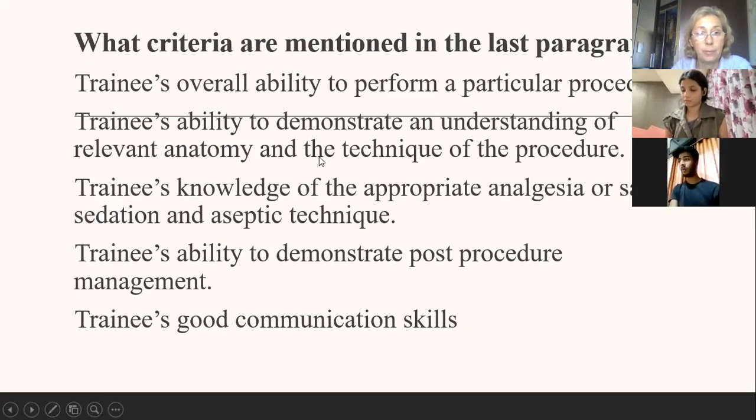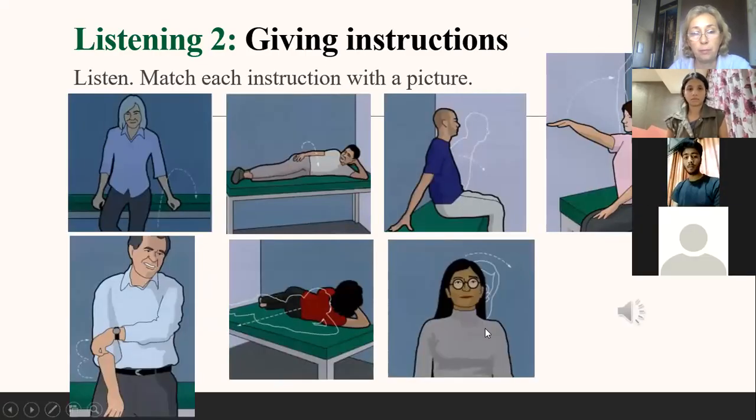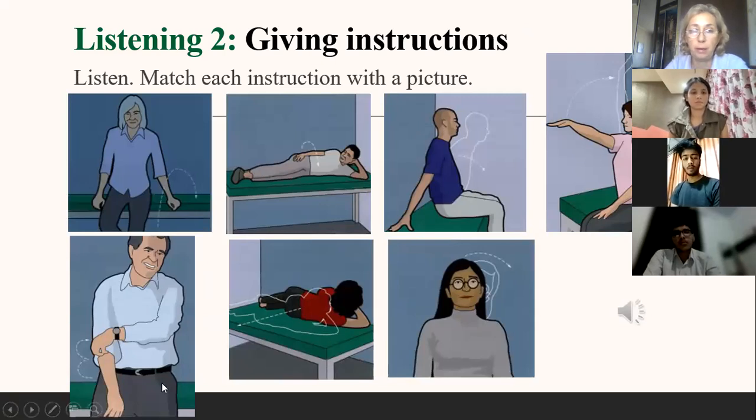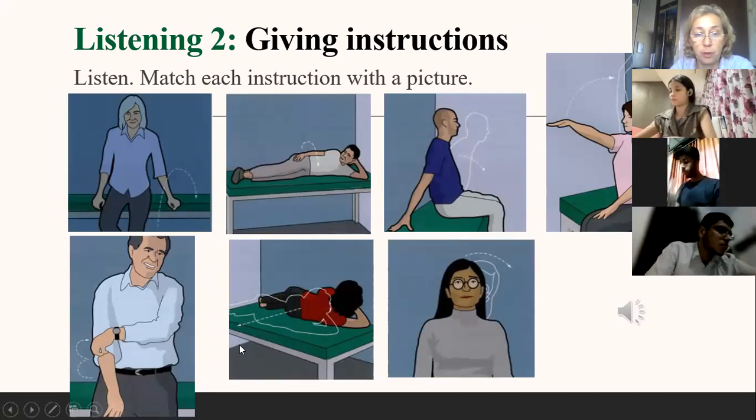Okay, so now we are going to move to the discussion of how doctors can deal with their patients and how we can give instructions to the patients. Here on this slide you can see several pictures, and we're going to listen to extracts from conversations between doctors and patients, and our task is to listen and match each instruction with the pictures.